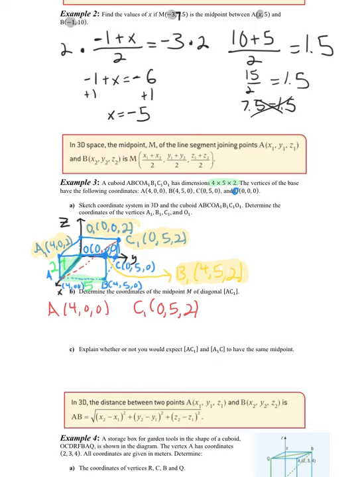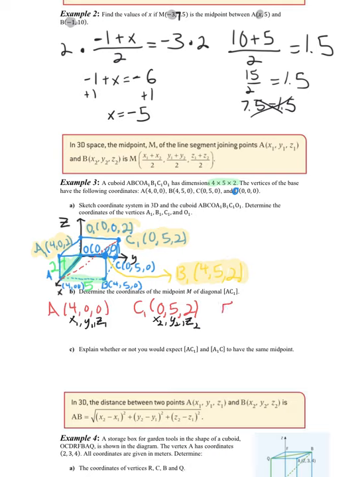So those would be our 2 points. If I want to find the midpoint of that, I'm just going to do the x's added together, the y's added together divided by 2, and then the z's added together divided by 2. So remember, it's x1, y1, z1, x2, y2, z2. And those are interchangeable. You could have them written the other way, because we're adding them together and then dividing by 2.